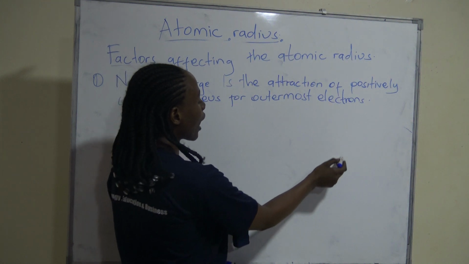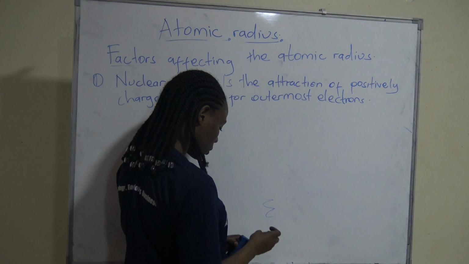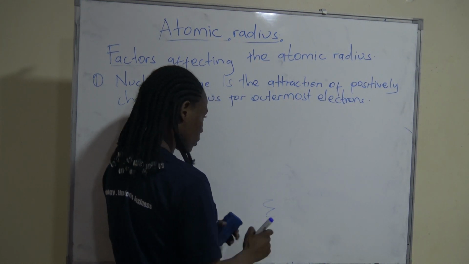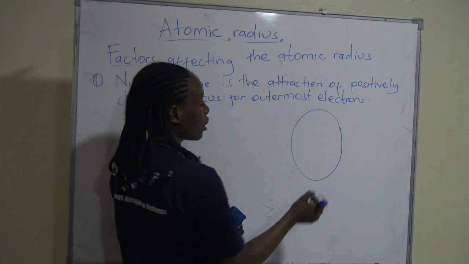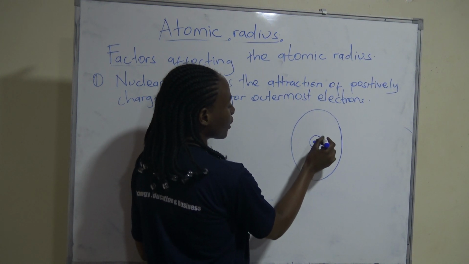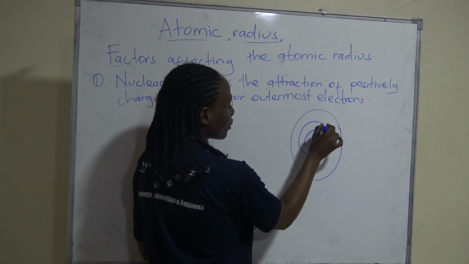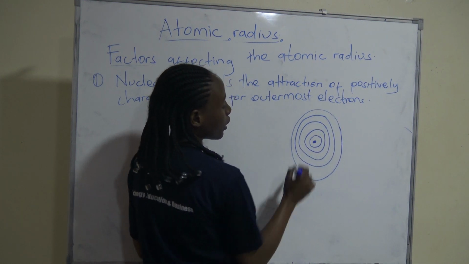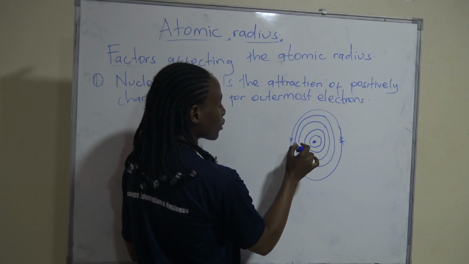So we are having our atom, having the nucleus and the different energy levels, and these energy levels contain electrons.